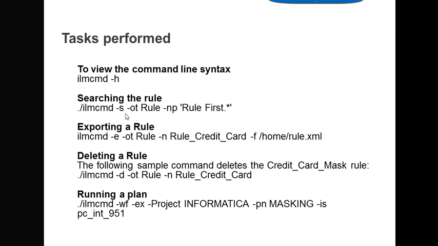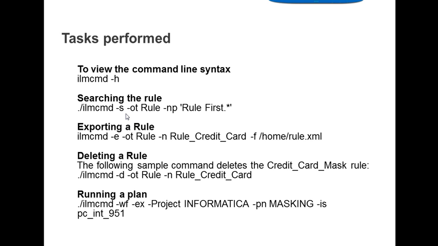I'm going to show you how to search for a rule or any component within TDM. For searching for a rule, you need to first provide the object type. So the type is going to be rule, and also the name that we are going to search for.